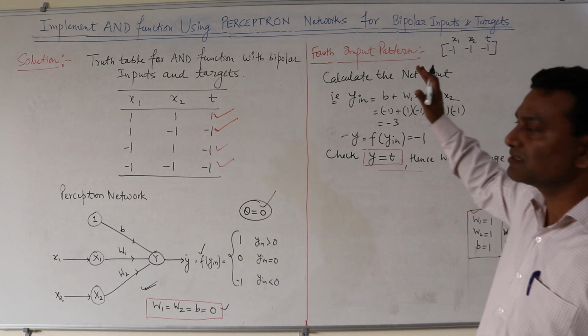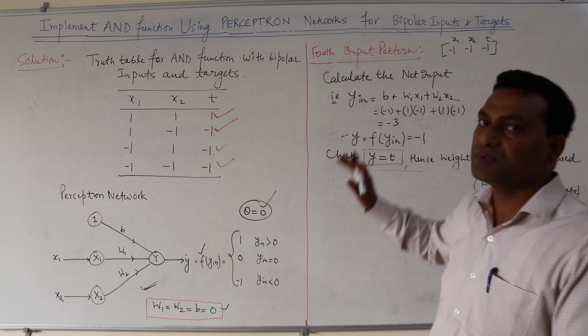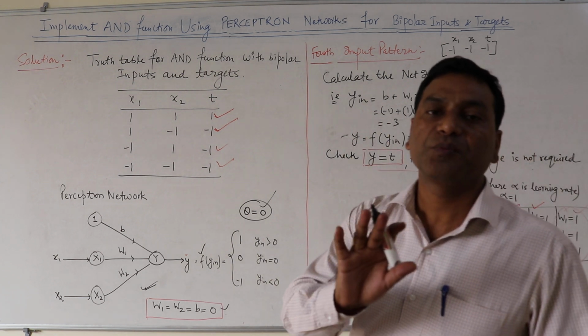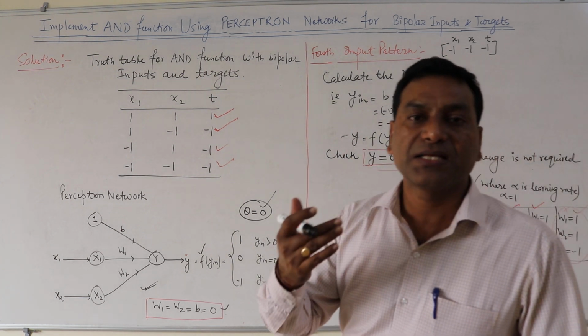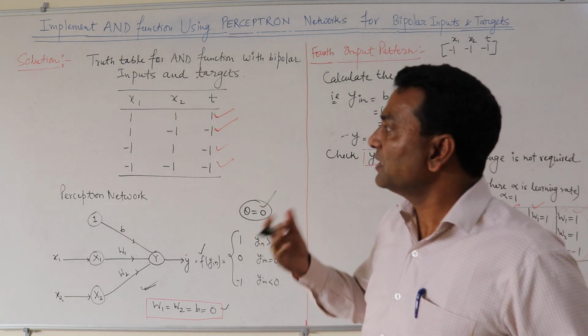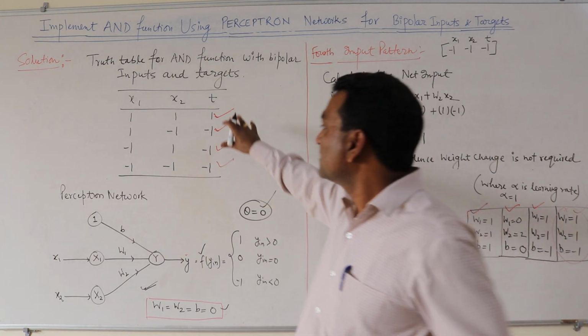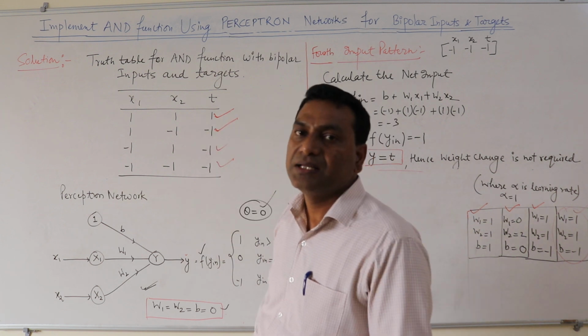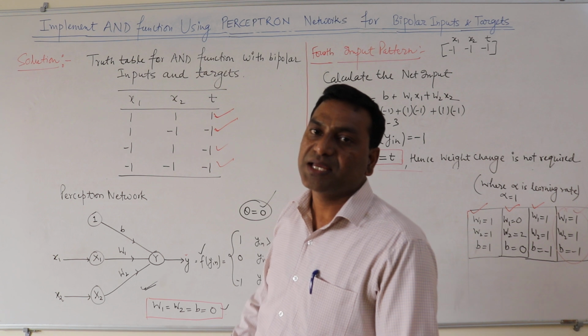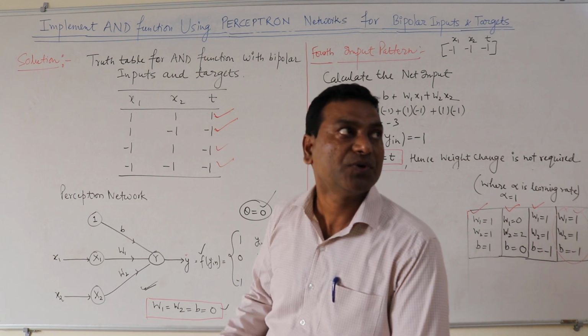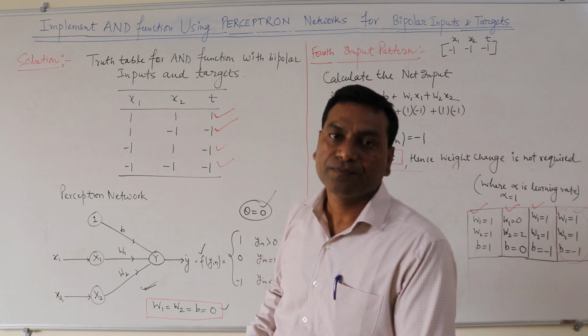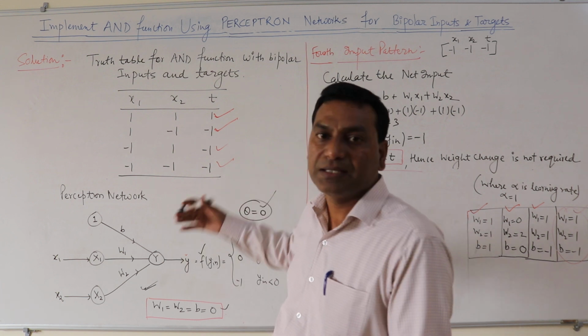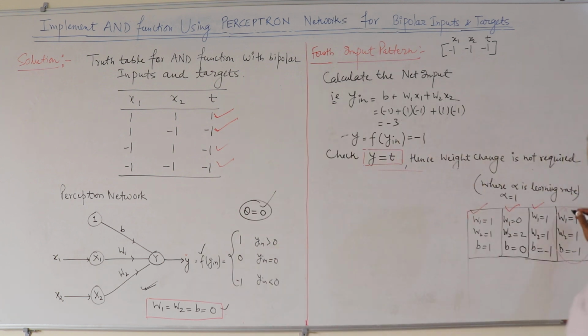This was the first epoch. In the first epoch we have submitted all the 4 input patterns. Now we will see the second epoch. In the second epoch again we will submit all these 4 input patterns, and then we will calculate the net input, and we will check whether the output is equivalent to target or not. But ultimately we will get these final weights.